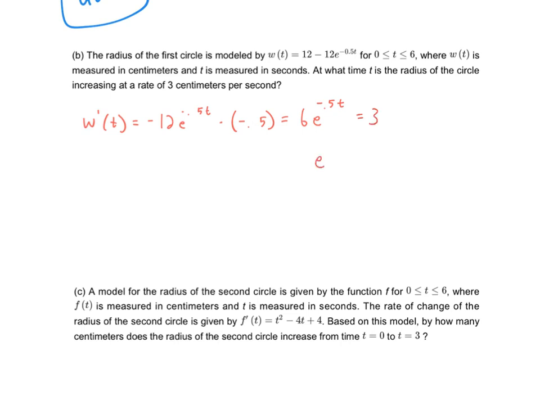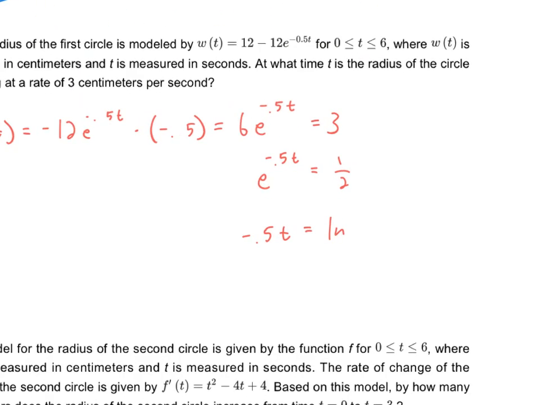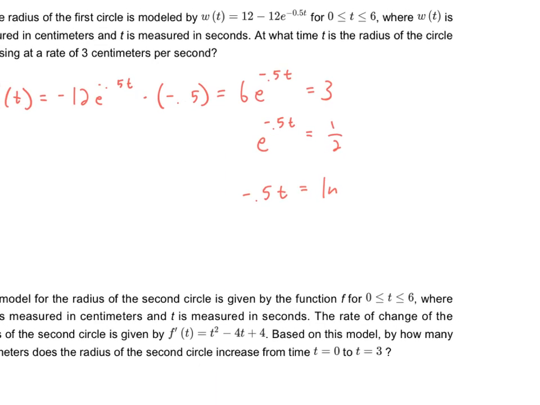So divide by 6. And then take ln of both sides. And so the left-hand side just becomes negative 0.5 t. ln of the right-hand side, ln of one half. I'm going to rewrite it as 2 to the negative 1.